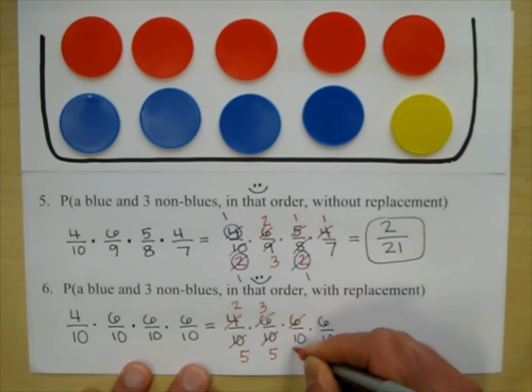Now the top is what I want. So I want 1 red and 1 yellow. So my first task is choosing 1 red. How many reds do I have to choose from? 5. So I'm going to write, even though it might be a little more complicated for this problem, 5 choose 1. So that's my first task. I'm going to multiply that by, so that takes care of the red.